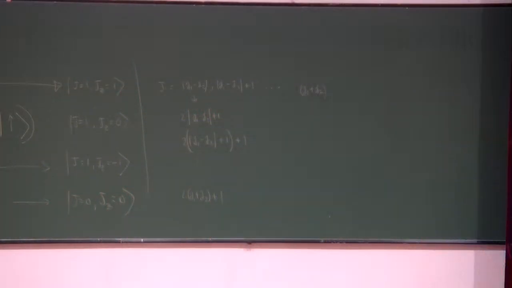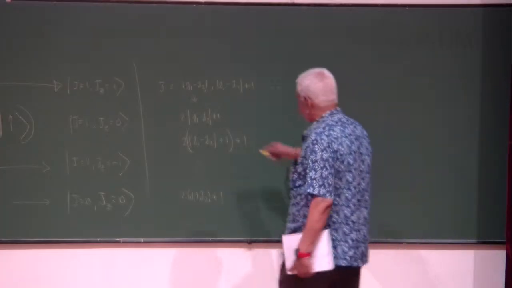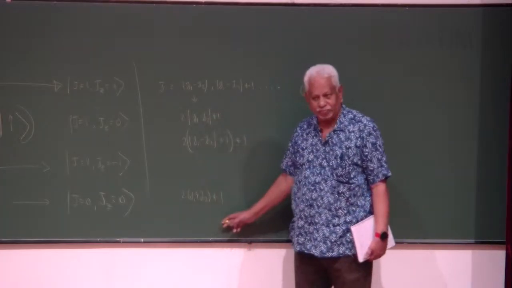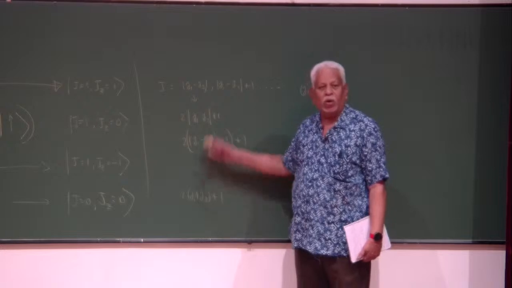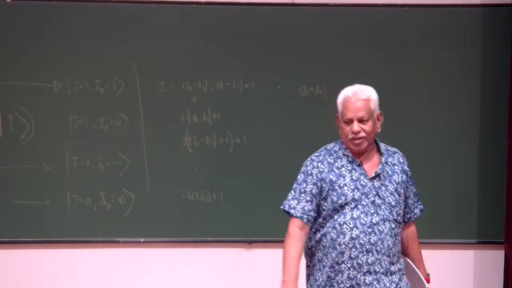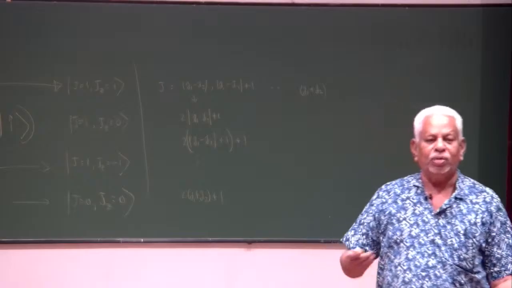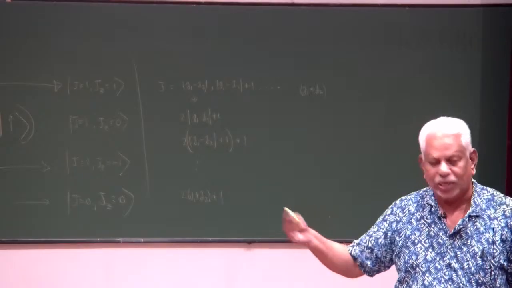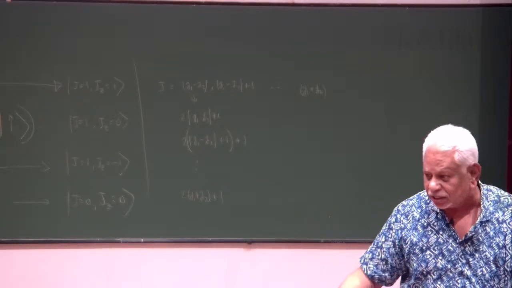So one identity which you should verify, simply a mathematical identity, is, if you add all of them, what is it you should get? You should get 2J1 plus 1 into 2J2 plus 1. That is an identity.